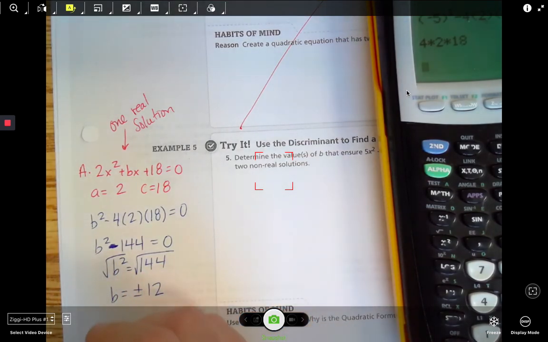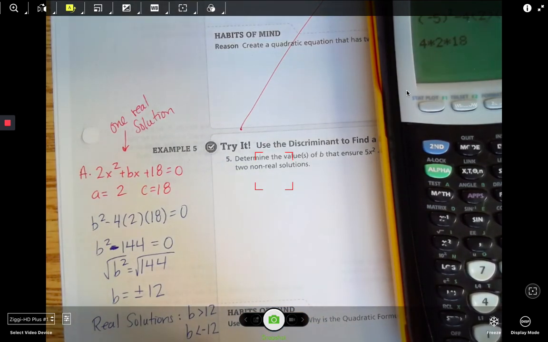Well, what does that mean? If we want two real solutions, that means that b has to be greater than 12 or b has to be less than negative 12. If we want non-real solutions, that means that b has to be between negative 12 and positive 12.